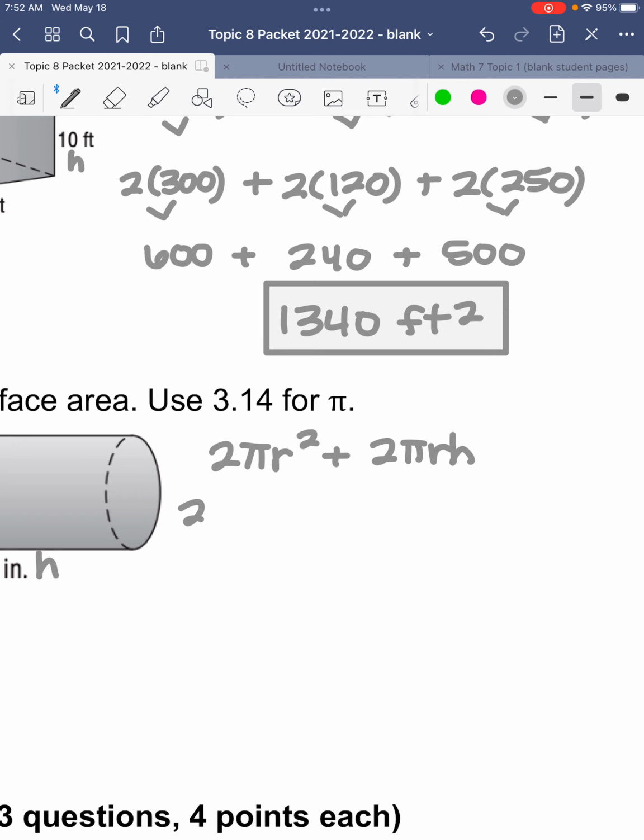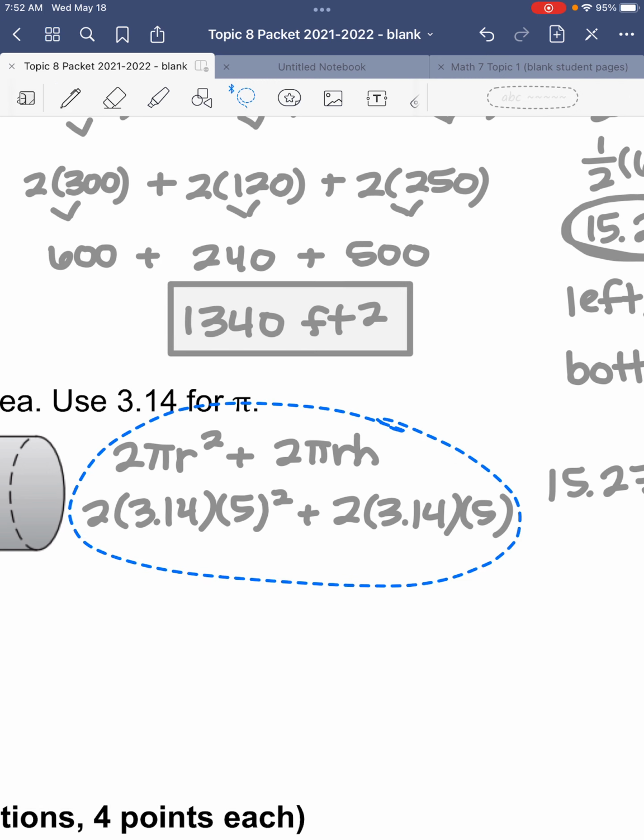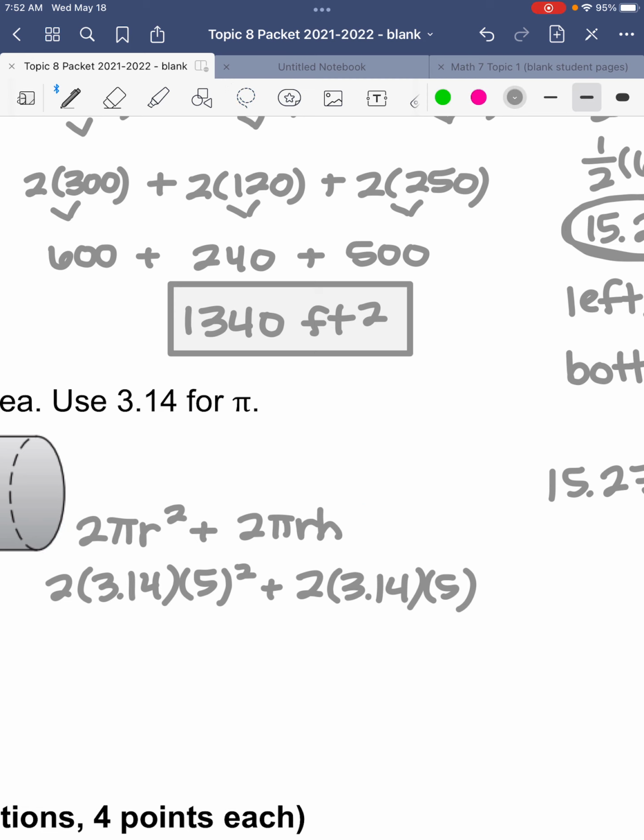So we have 2 times 3.14 times 5 squared plus 2 times 3.14 times 5 times 18. Oops, I ran out of room. Let's see if I can move this a little bit. Okay, so now I'm just going to put this into my calculator.